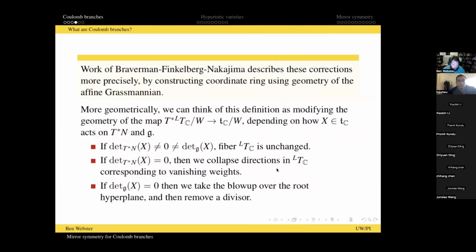All right, so when I came into this theory, we were stuck there. Basically, physicists said, well, there are some quantum corrections. There are some cases where we can use some string theory to get around this and rewrite this Coulomb branch in some other way and do the calculation. But they had no good uniform explanation of what the Coulomb branch was. And then there was this really beautiful work of Braverman, Finkelberg, and Nakajima, which solved this problem, which told us exactly how to understand the quantum corrections in the cotangent case.